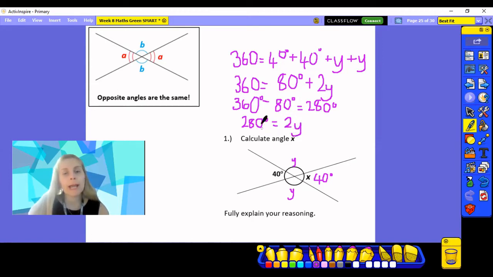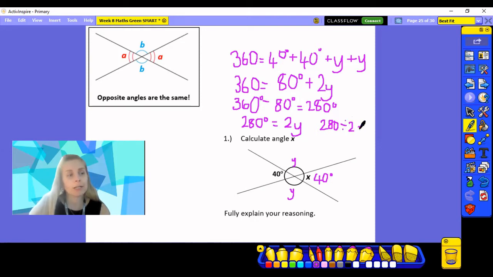And what I will now need to do with my 280 degrees, which is both these angles added together, I will need to divide it into two to find out what each of the y's are going to be. So I'm actually in effect doing 280 and I'm dividing it by 2.